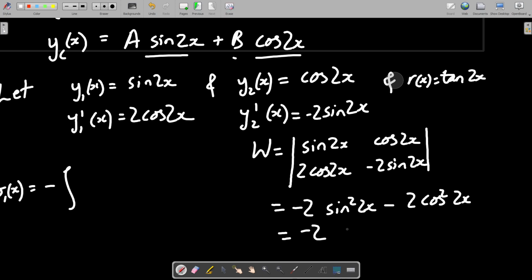Take the minus 2 common, what remains inside is sin square 2x, this becomes 1, so we are left with Wronskian equal to minus 2.